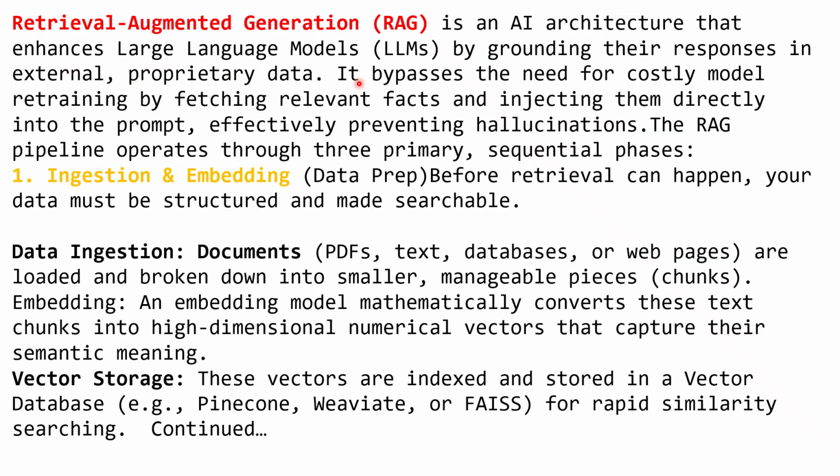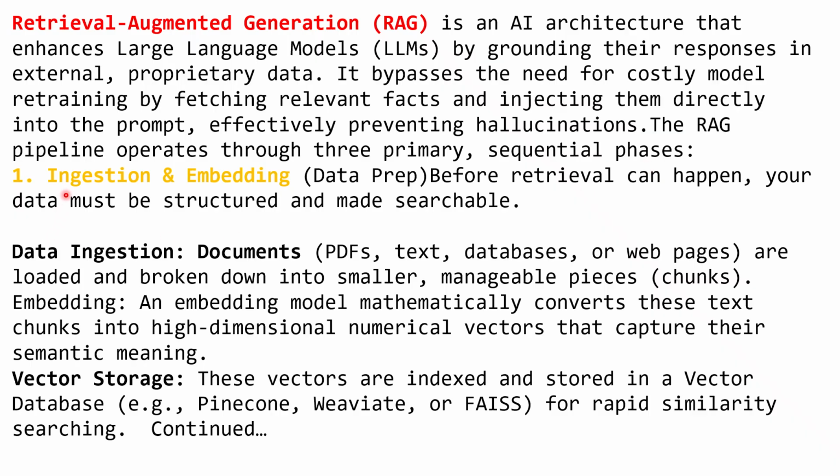It bypasses the need for costly model retraining by fetching relevant facts and injecting them directly into the prompt, effectively preventing hallucination. The RAG pipeline operates through three primary sequential phases.